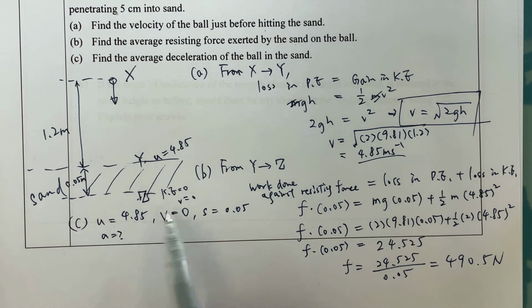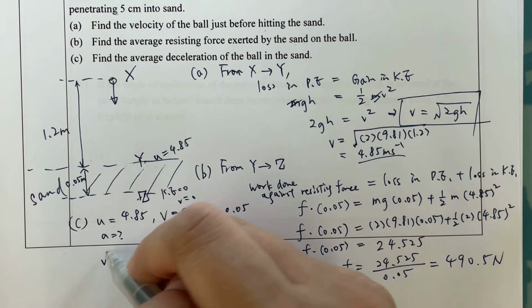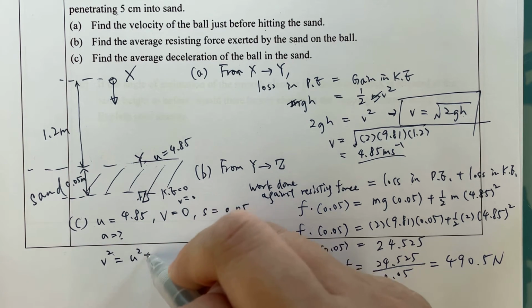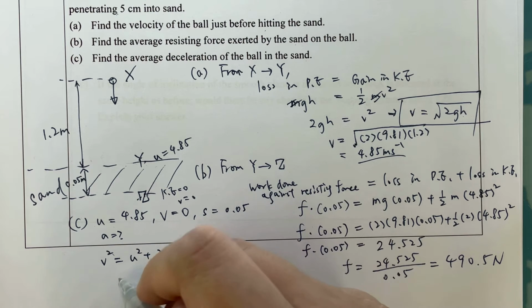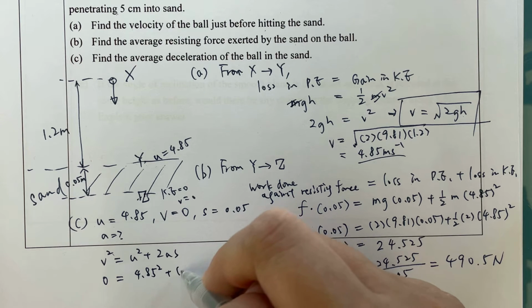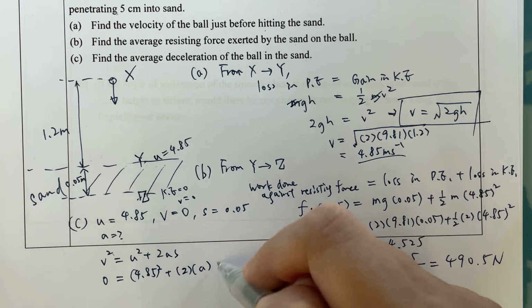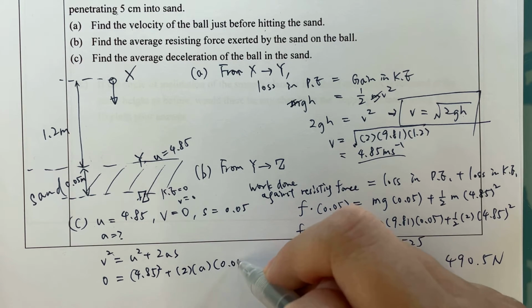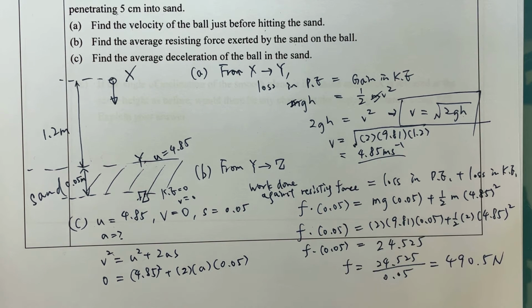So we got UVSA, that is the equation for us. V squared equal to U squared plus 2AS. So that 0 is equal to 4.85 square plus 2 times A times 0.05. All right?